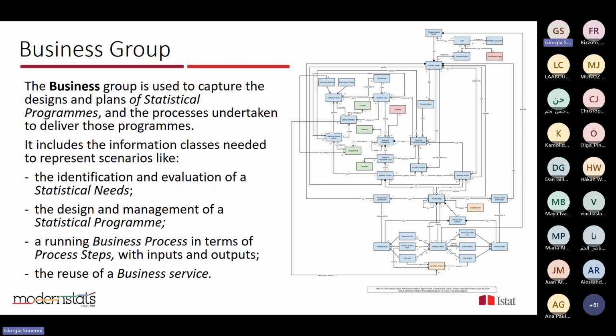Please consider that a statistical program in GSIM is the correspondent of a survey. So it's quite similar to the concept of a statistical business process of GSBPM that maybe is a model that is widely known in the audience.